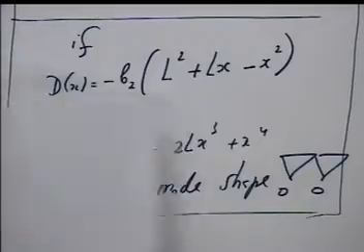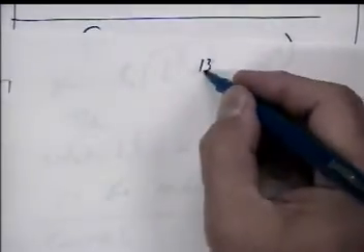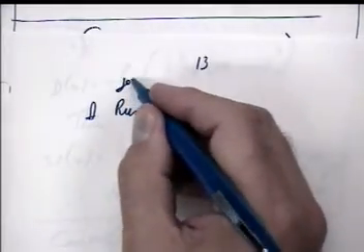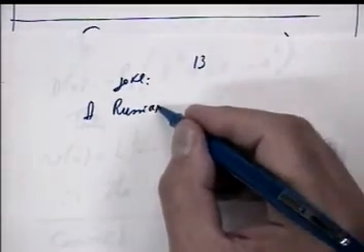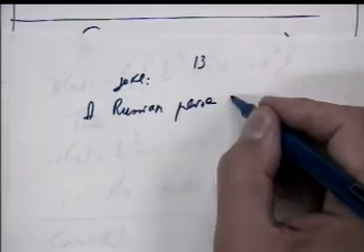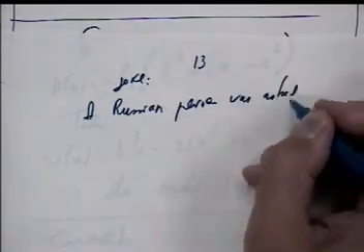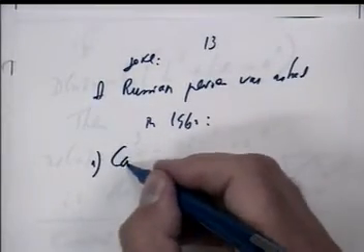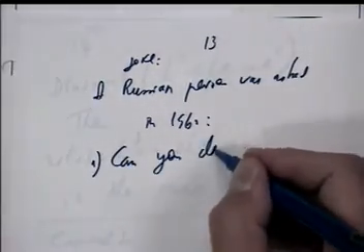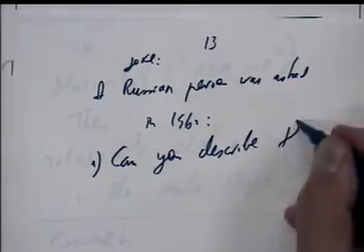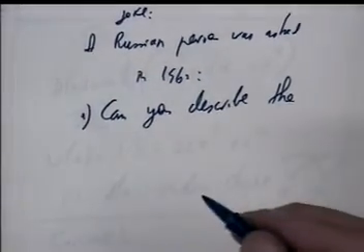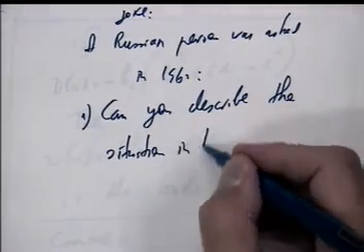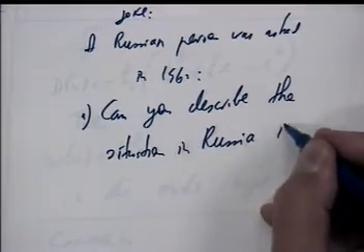Before that, I want to tell you like this, 13. A Russian person, that is a joke actually. A Russian person was asked in 1960, can you describe the situation in Russia in one word?